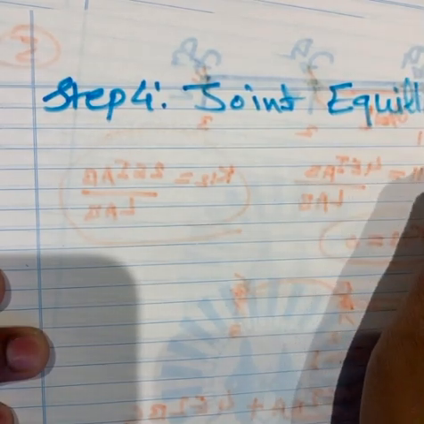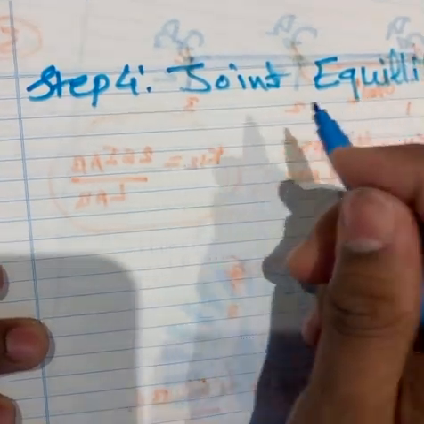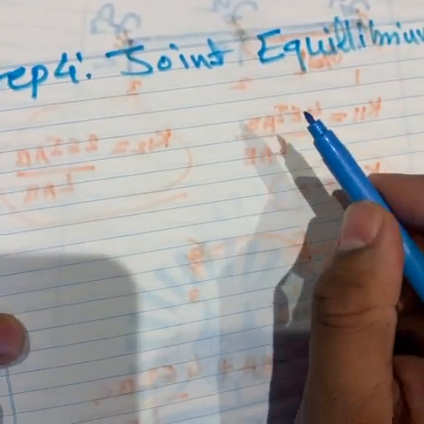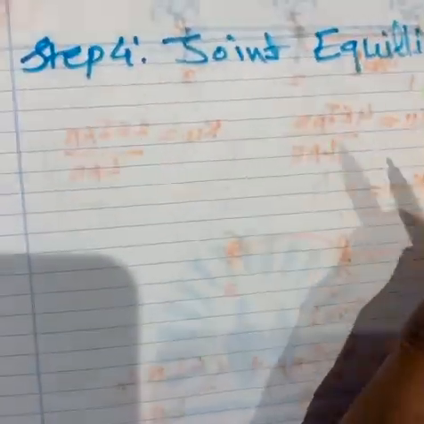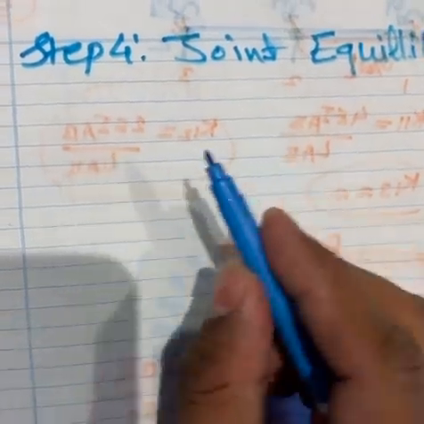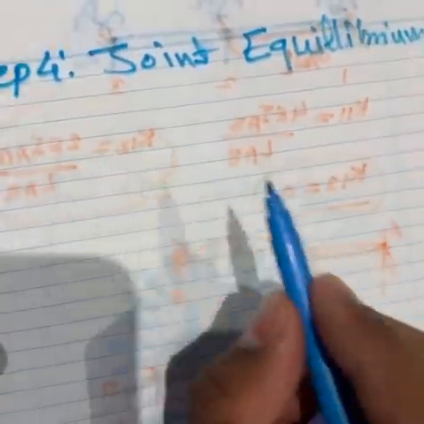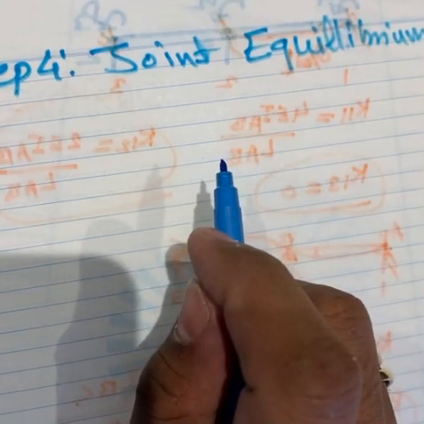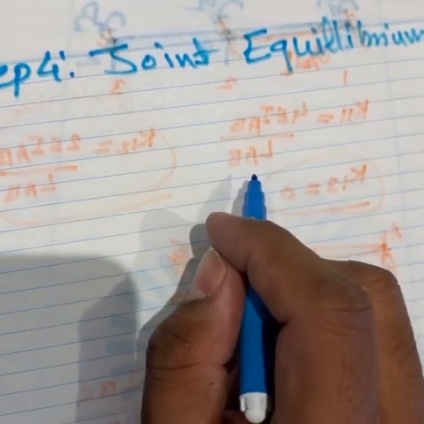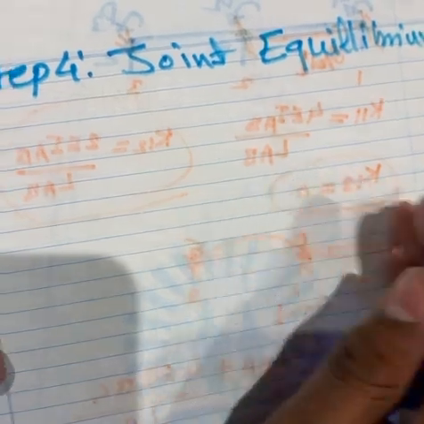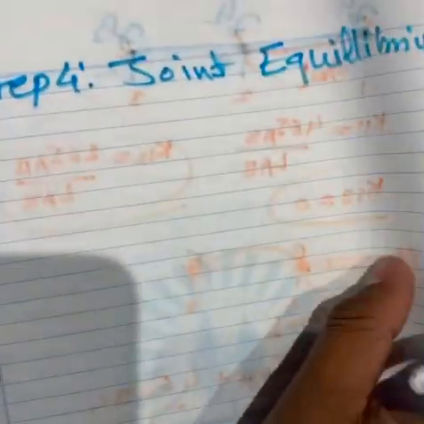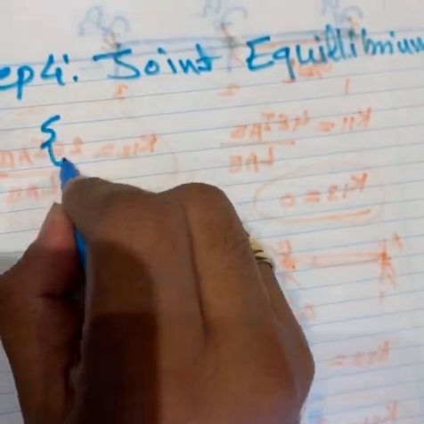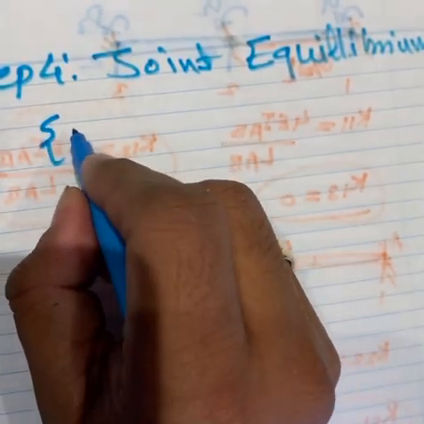Intentionally I am writing, I have not prepared slides, so that when you listen to my lectures you can also take a pen and notebook and write these pointers, because this is a mathematical subject. It's not theoretical, where you just see the video and remember it; you have to use pen and paper and note down these pointers. So what is the joint equilibrium?